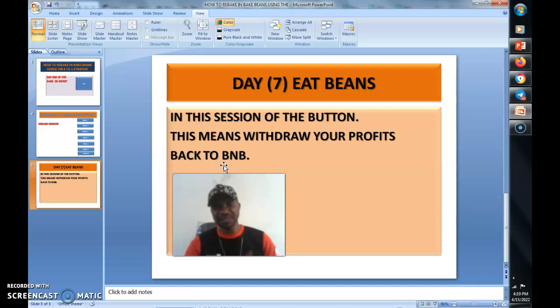When you have rebaked 6 times, then on the 7th day you now do what we call eat beans, where you click in the interface and immediately the system transfers the whole of the profit into your MetaMask. Eat beans means withdrawal.